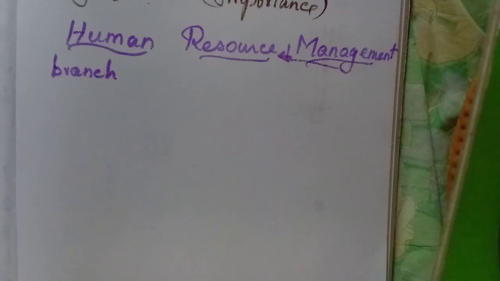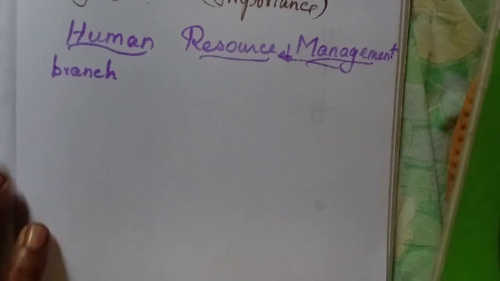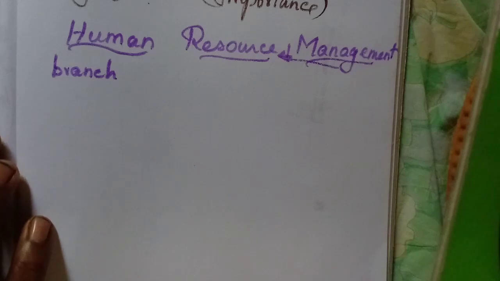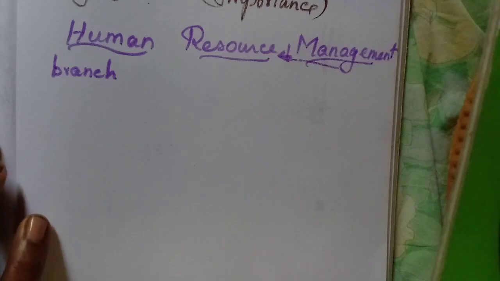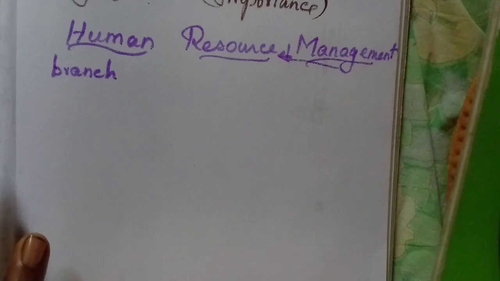In order to achieve these objectives, the organizational goals, we need to manage the human resource. The human resource must be given training and managed effectively. Only then can the overall objectives of the organization be achieved.